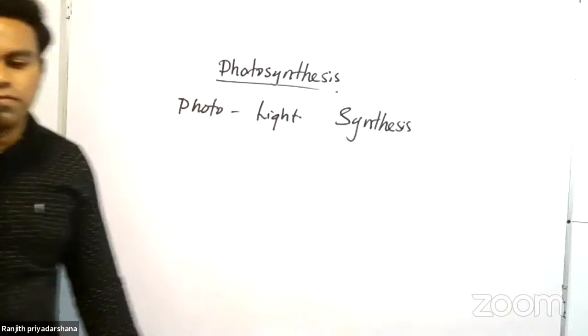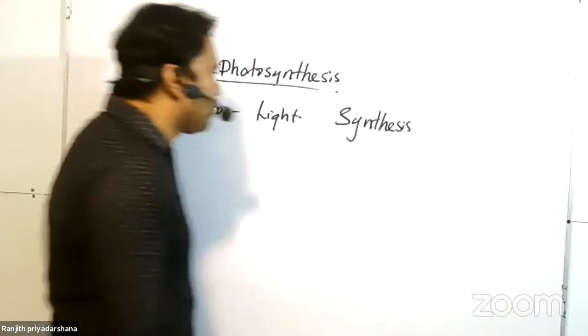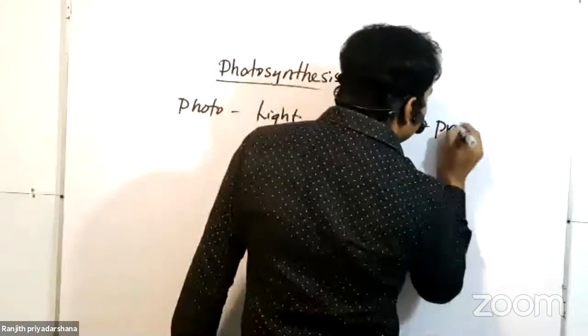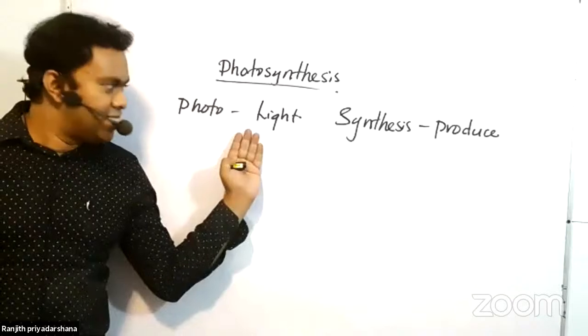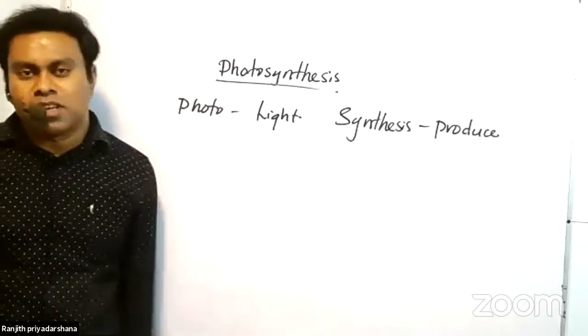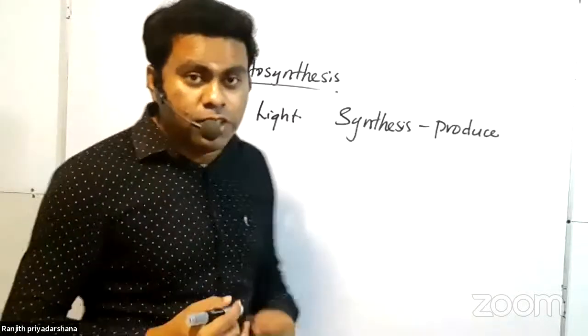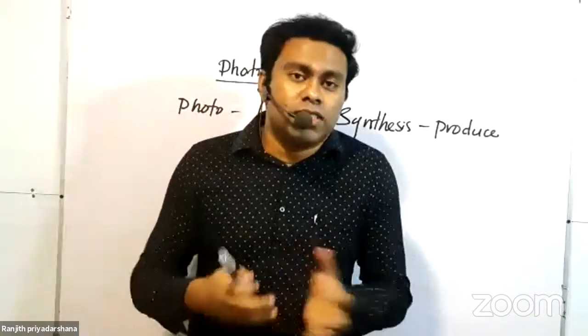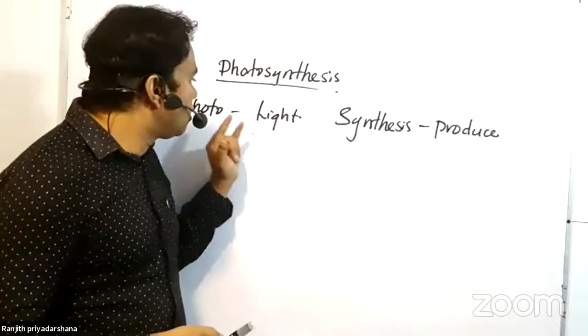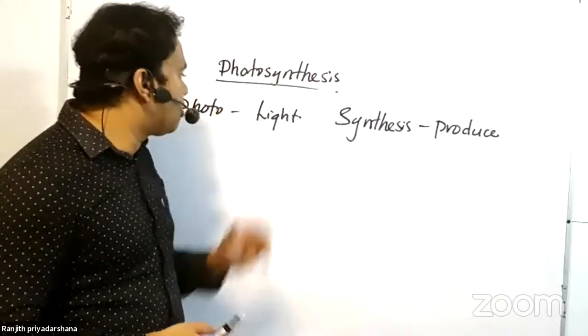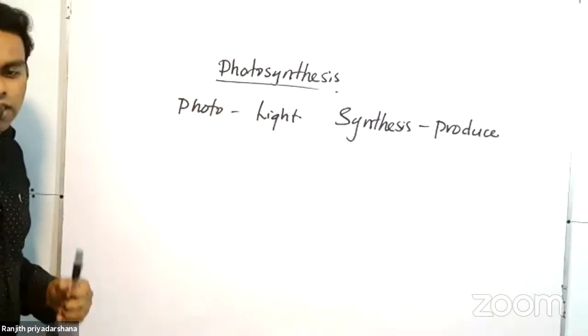Synthesis means produce. Photo, that's light; synthesis, produce. So producing of foods by the green plants using the energy of sunlight, that whole process is known as photosynthesis.